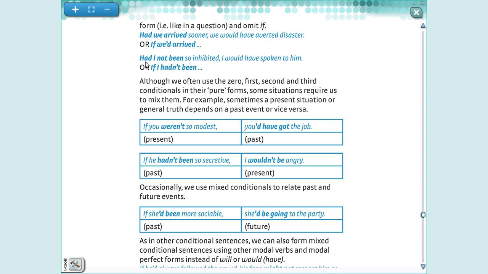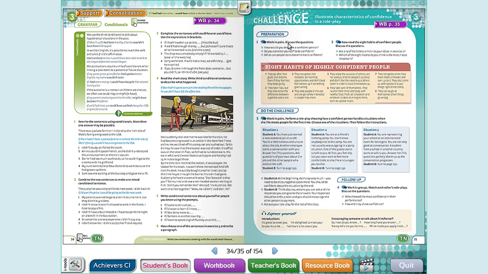Had I studied, so you omit the if and you put the auxiliary verb had at the beginning of your sentence. Okay? Here, if we had arrived, I omit the if and I put the had at the beginning. Okay? Nice. Now let's do the exercises.